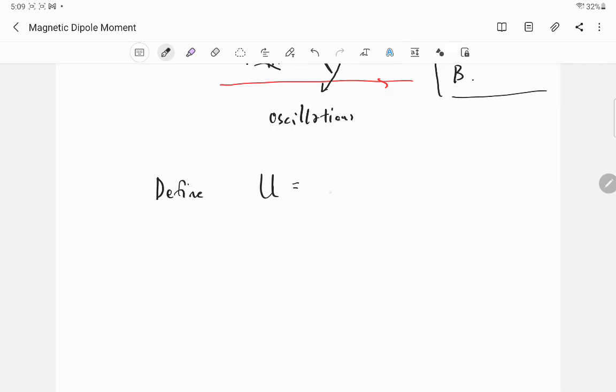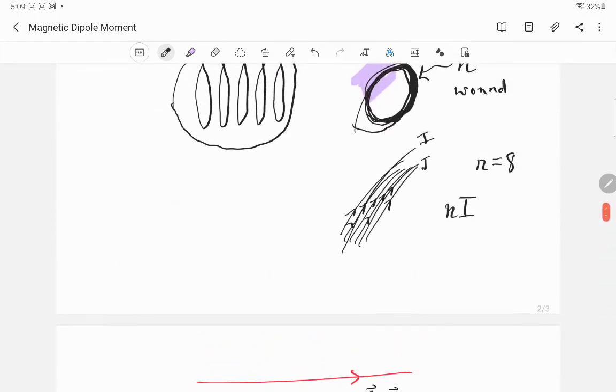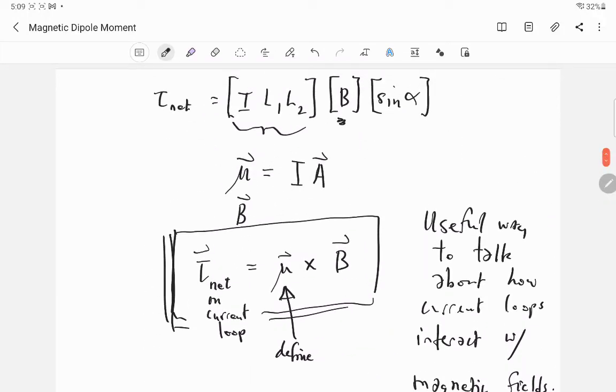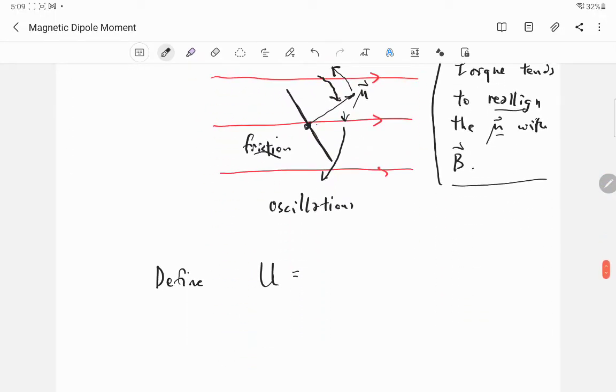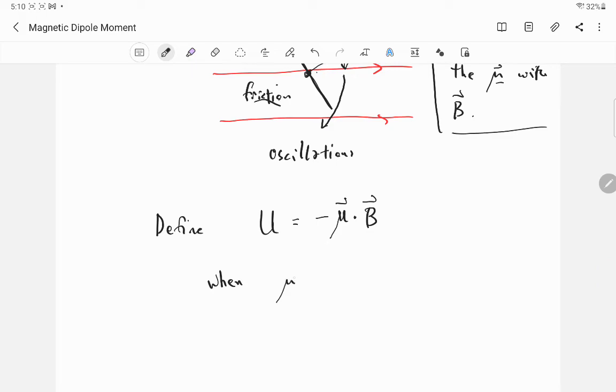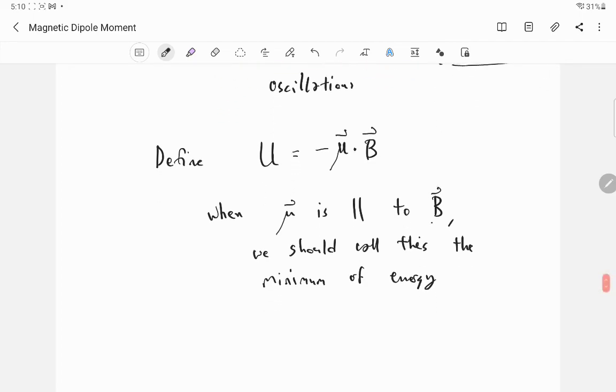And it's simply equal to, so where the torque was mu cross B, sorry to wind back up here, where the torque is mu cross B, the potential energy has more to do with mu dot B. But it's not mu dot B, it's minus mu dot B. And the idea is when mu is parallel to B, we should call this the minimum of energy, right?